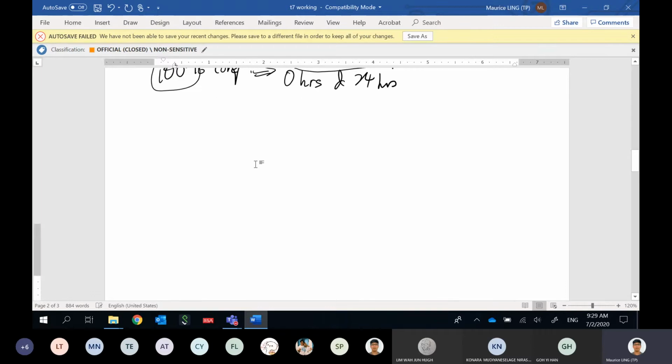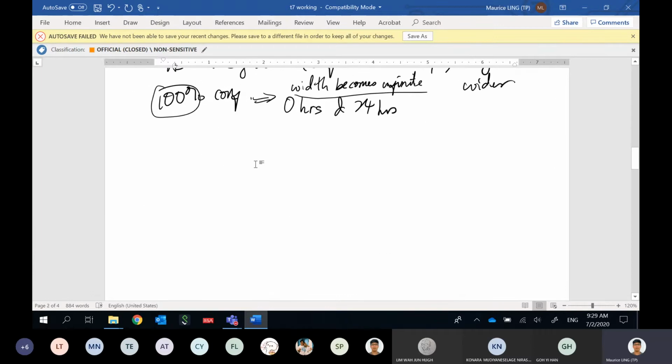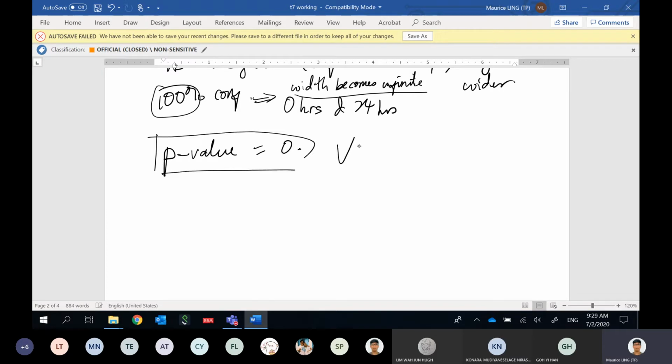Based on this concept, when we do hypothesis testing, especially using Excel, we never say that the p-value equals 0. This is very wrong. Sometimes when you do your t-test and so on, you can get a p-value near 0, but writing it as 0 is wrong.